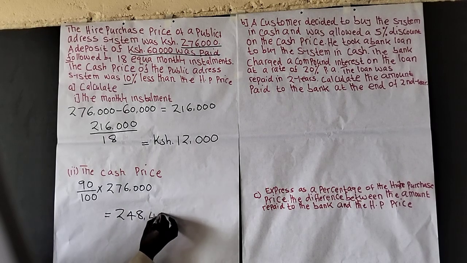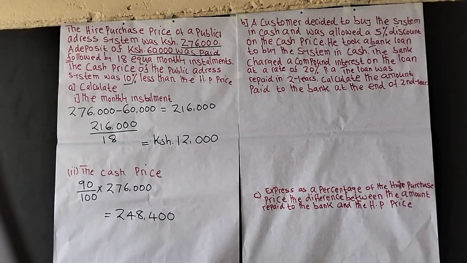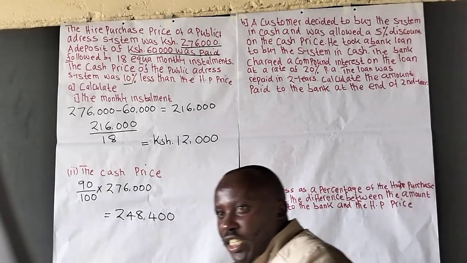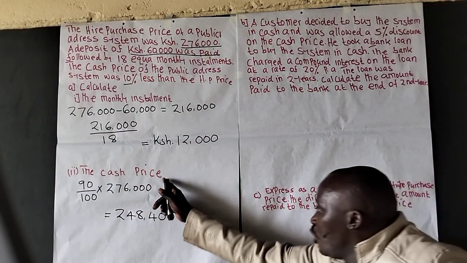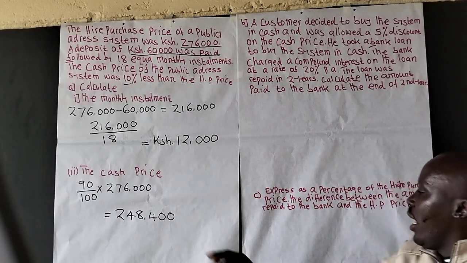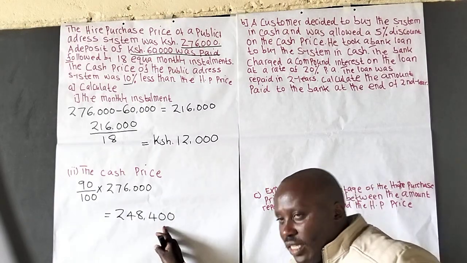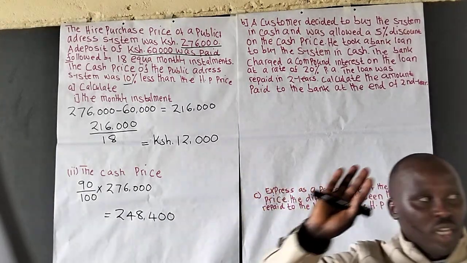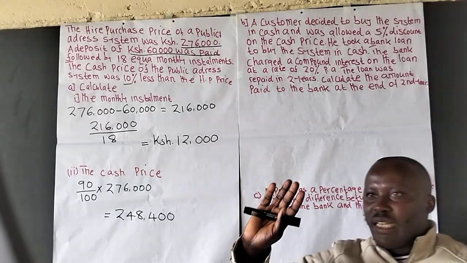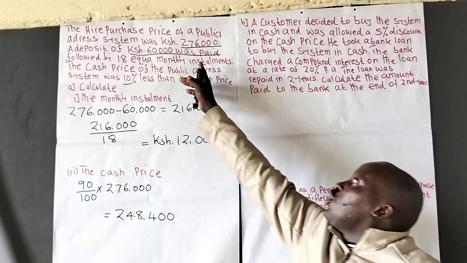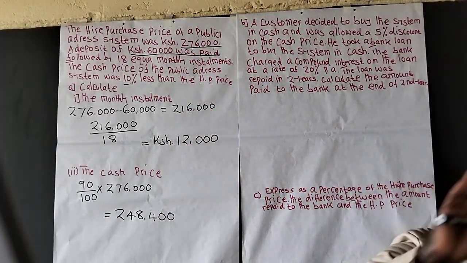So you can see if the cash price option is used, an amount of 248,400 is paid, which is 10% less than the hire purchase price that was 276,000.